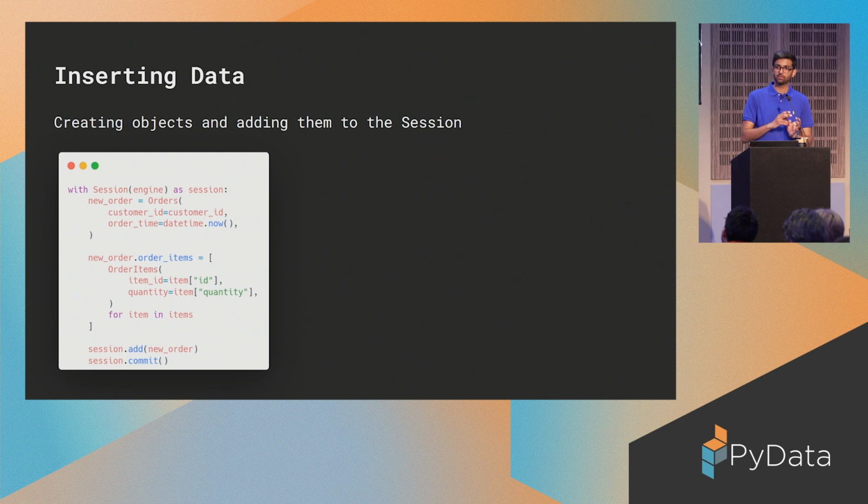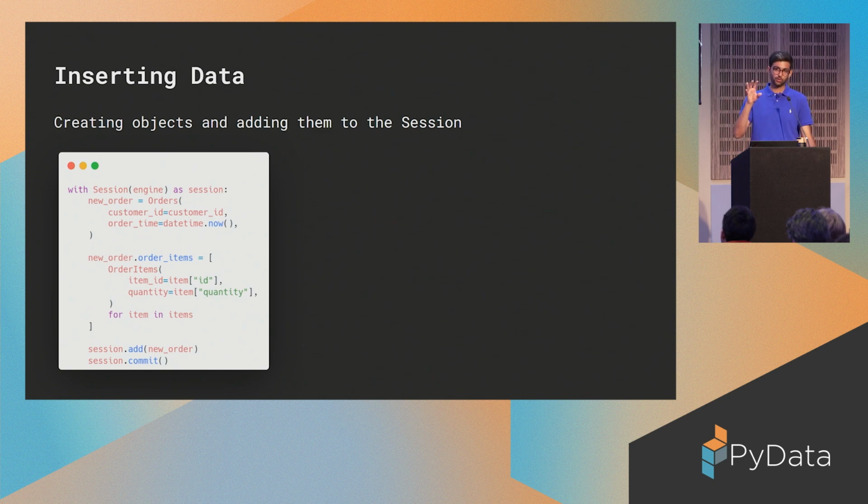Previously we had seen there were two different functions, execute and execute many, and we had different SQL strings for them. So we don't need to do all of that. Since there's a relationship between these two tables, you can just create objects and then link the list of those created objects to the relationship.